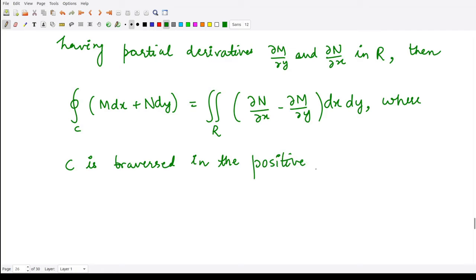So here we are to understand various things. Positive direction means the direction is anti-clockwise.